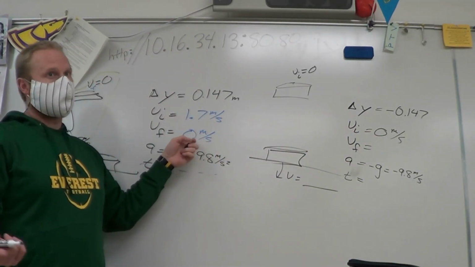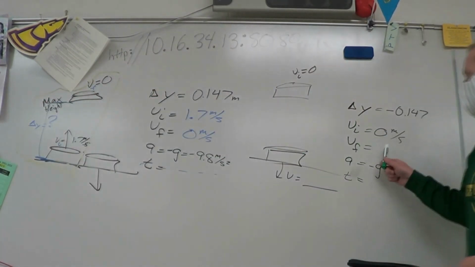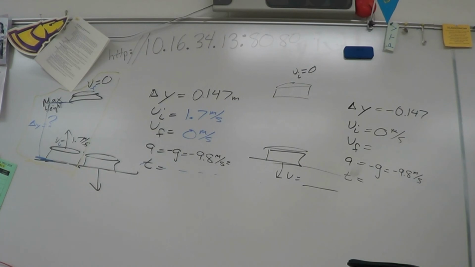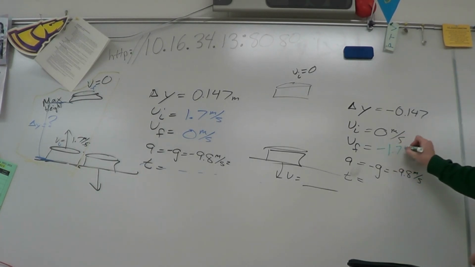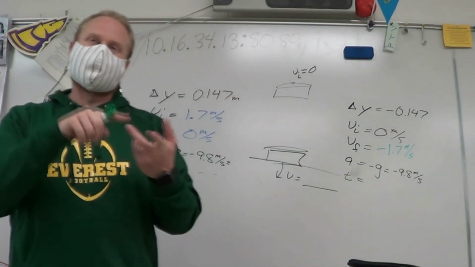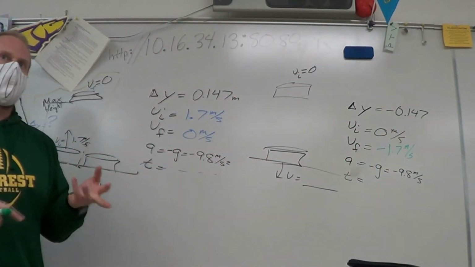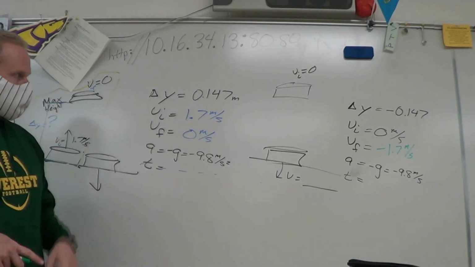Anybody want to predict what the final velocity of this hockey puck is going to be coming down? 1.7. Yes, absolutely. It's going to be negative 1.7 meters per second, because it's going to accelerate due to gravity the same distance that it took to go up. These two get flipped.